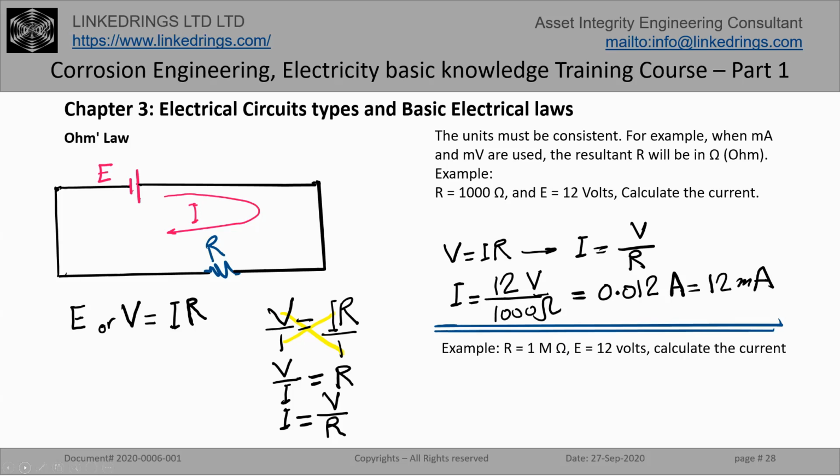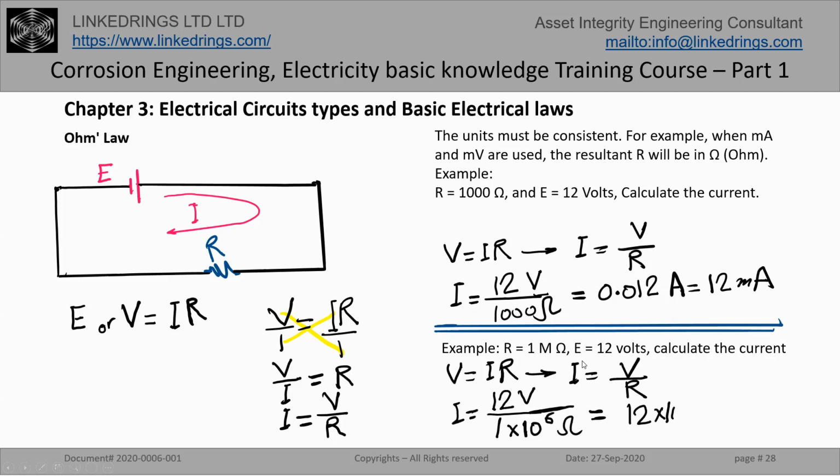Example: if the resistance equals 1 mega ohm and E equals 12 volts, calculate the current. We notice here the units are not consistent. We have mega ohm here and volts here, so we have to take this into consideration.